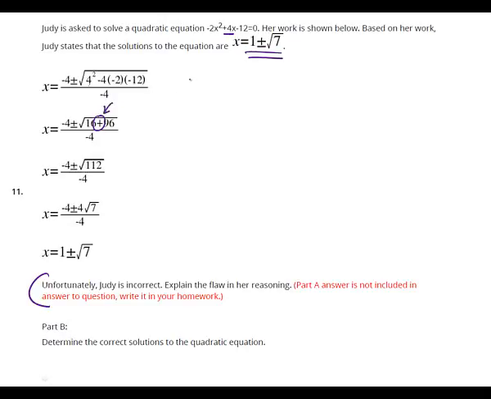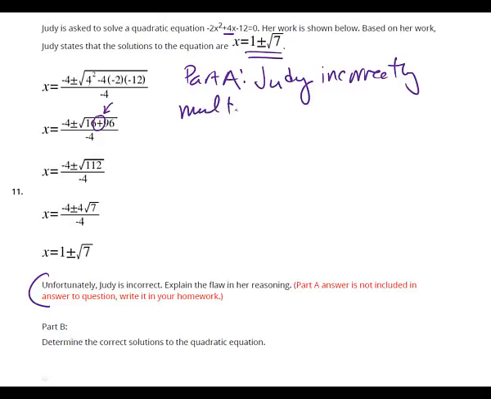Okay, so we would say that for part A, and you would label this in the computer, part A, Judy incorrectly multiplied, and you can put it in your own words, multiplied negative 4 times negative 2 times negative 12.